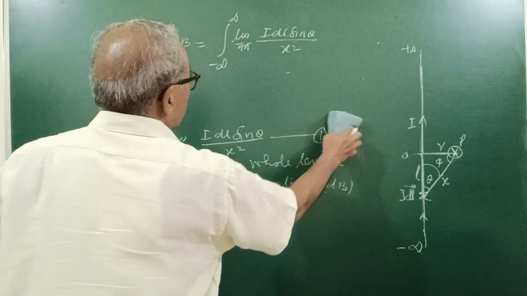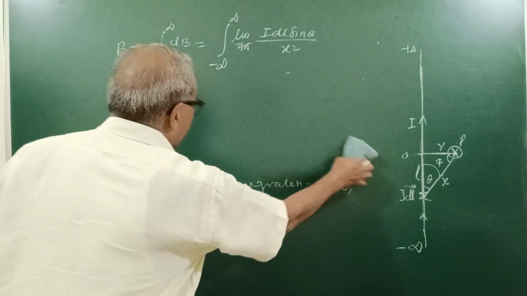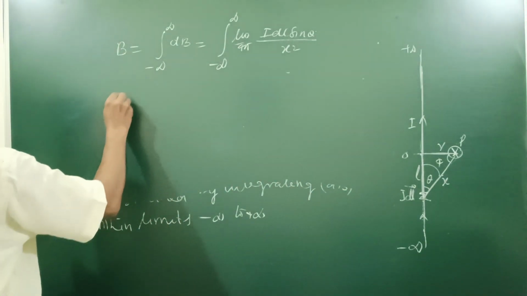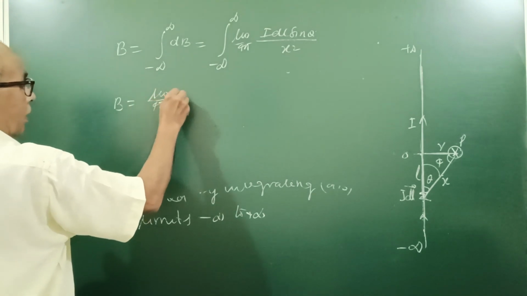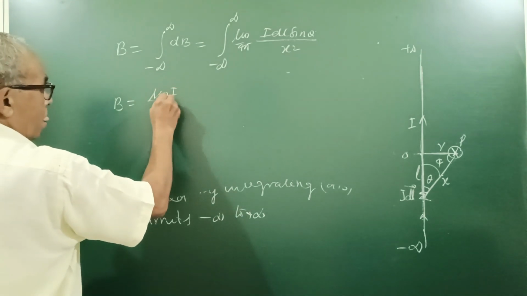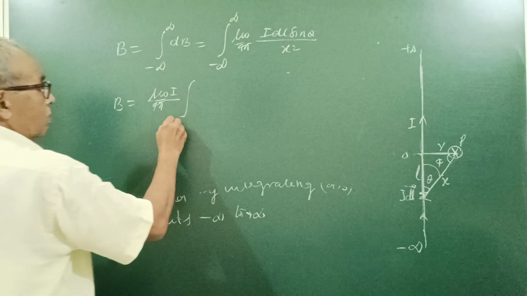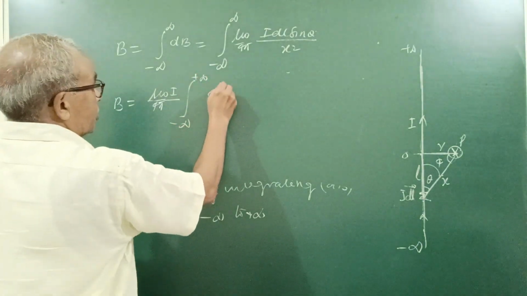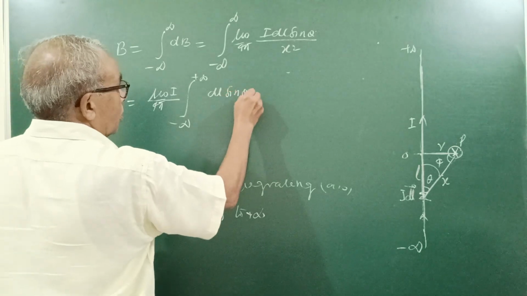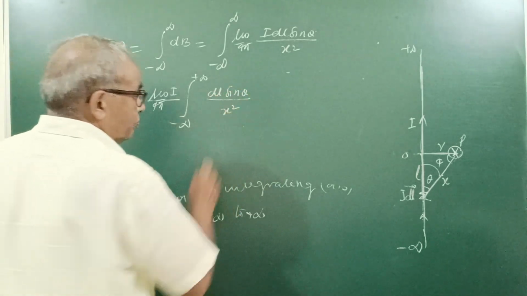Here I is constant, mu0 upon 4 pi is constant. We can take them outside: mu0 upon 4 pi and I and the integration from minus infinity to plus infinity of dl sin theta upon x square.